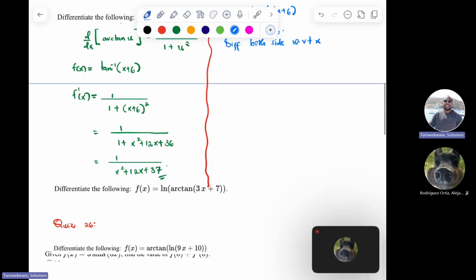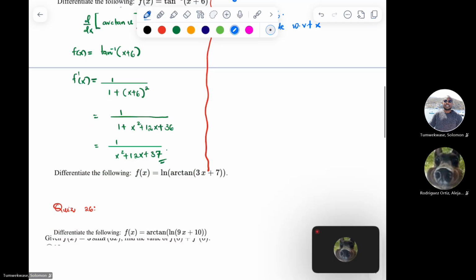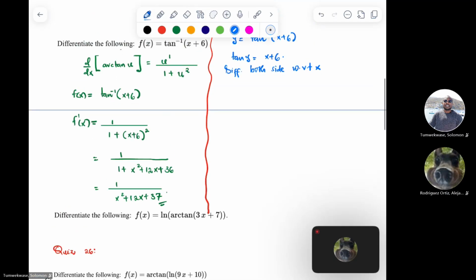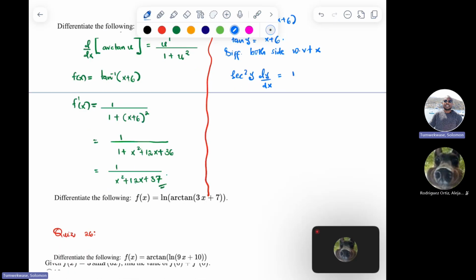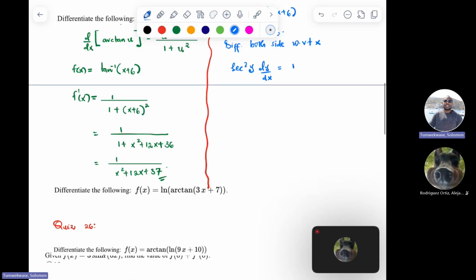And therefore, when I differentiate tangent of y with respect to x, then I get sec squared y, but I'm differentiating with respect to x, so this is dy dx. And when I differentiate x plus 6 with respect to x, I just get 1, okay?